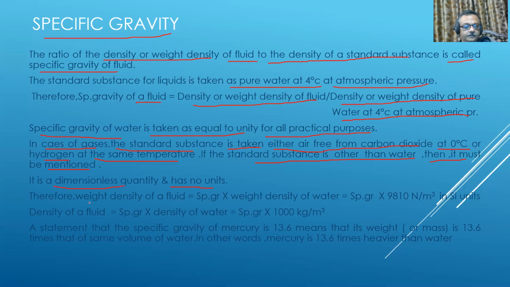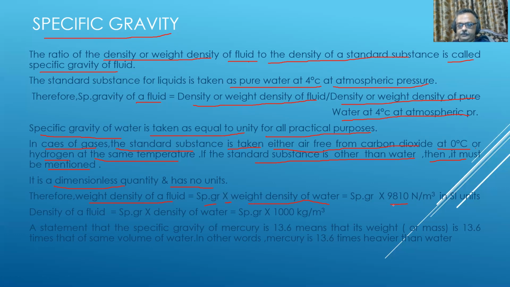Therefore, weight density of a fluid is defined as the specific gravity multiplied by weight density of water. So, in the last slide, you have studied that weight density of water is 9.81 kilonewton per cubic meter.